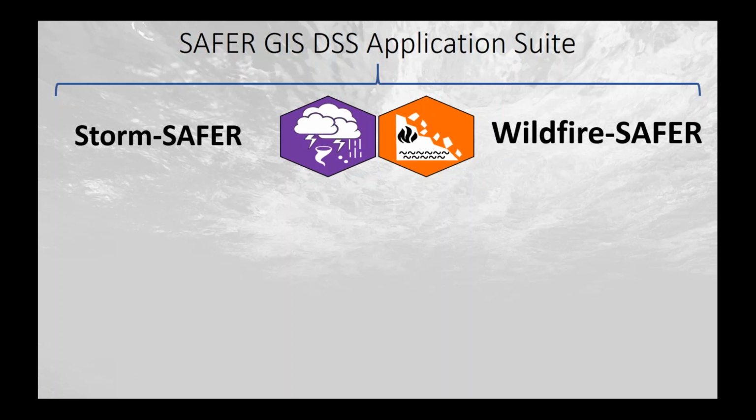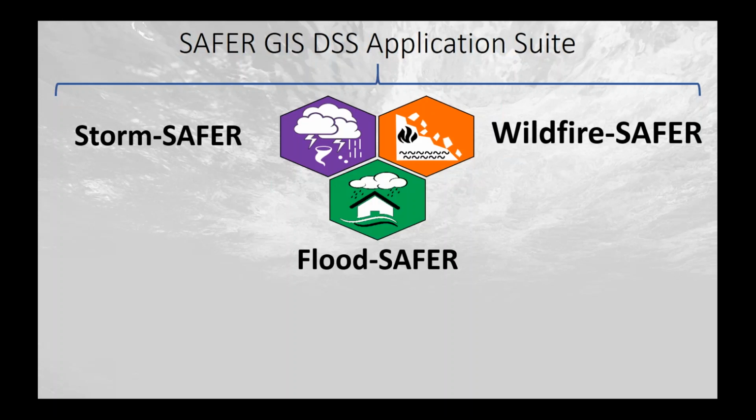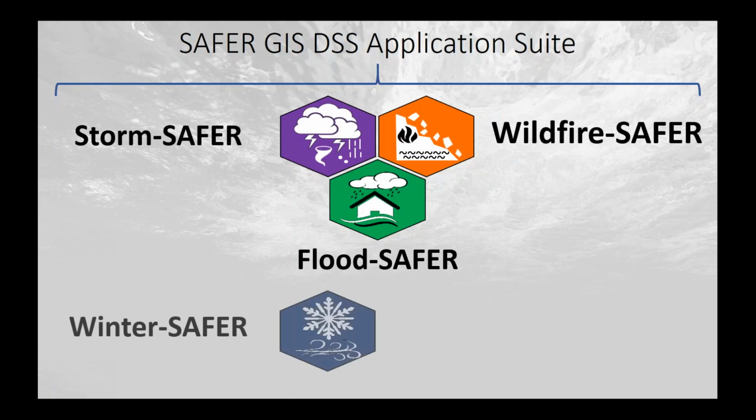Does that burn scar intersect with any structures? And do we, as a local office, need to maintain awareness for any immediate evacuation possibilities? And then you have Flood SAFER, not only for flash flooding that comes from MRMS, but also river flooding as well.